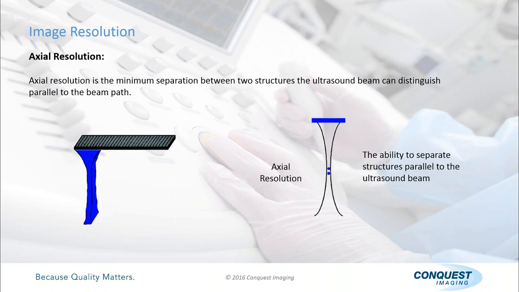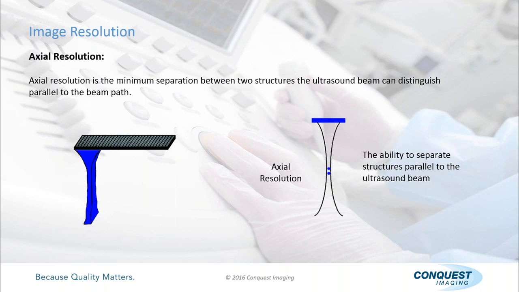The fact that we can separate these two dots into two separate structures indicates that we have good axial resolution. Again, this is parallel to the beam path, but another way I like people new to ultrasound to understand this is it's top to bottom. These objects are one on top of the other. They're very close to each other, and it's our ability to separate them into two structures as opposed to having them blur into one.